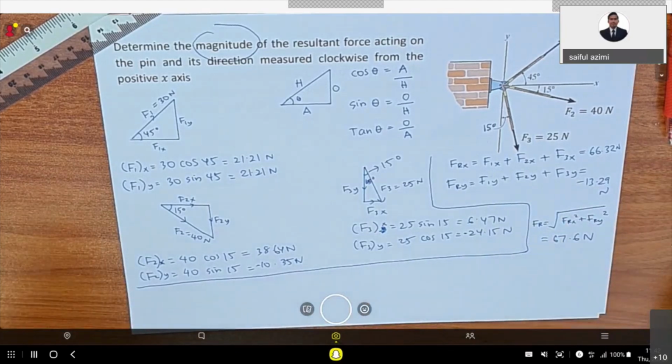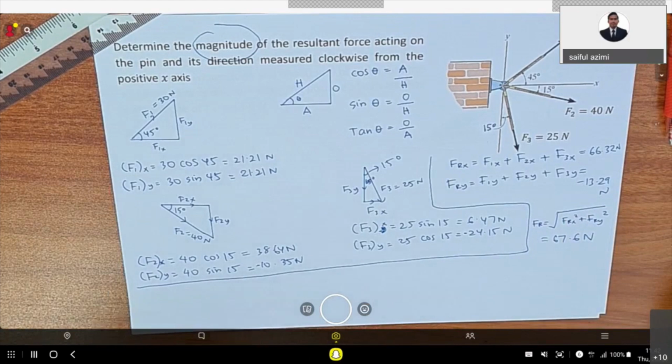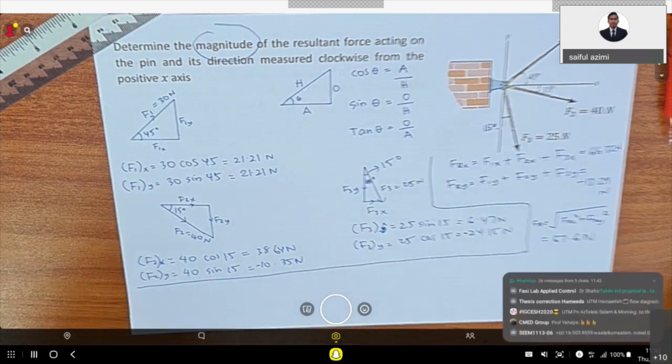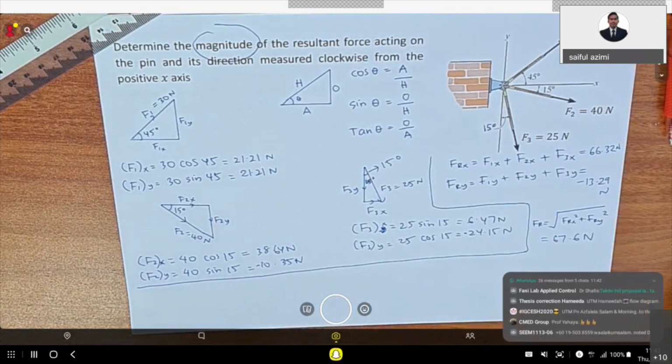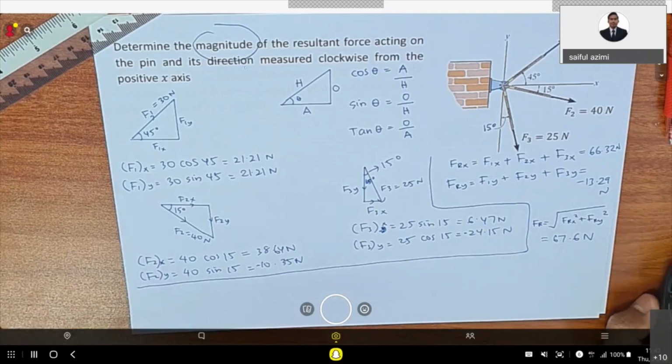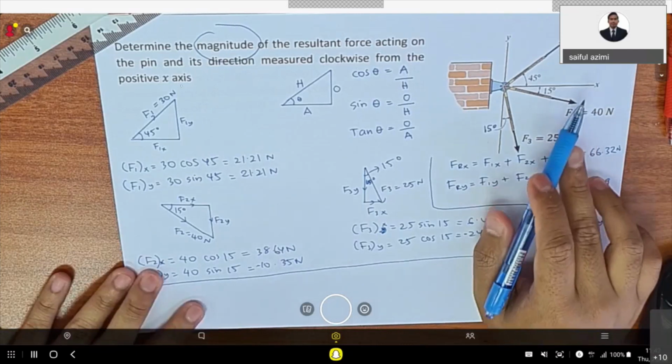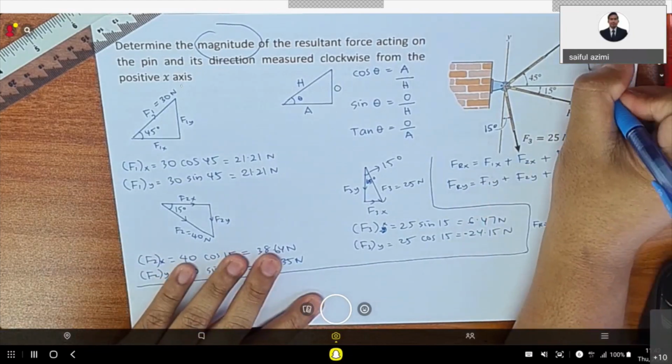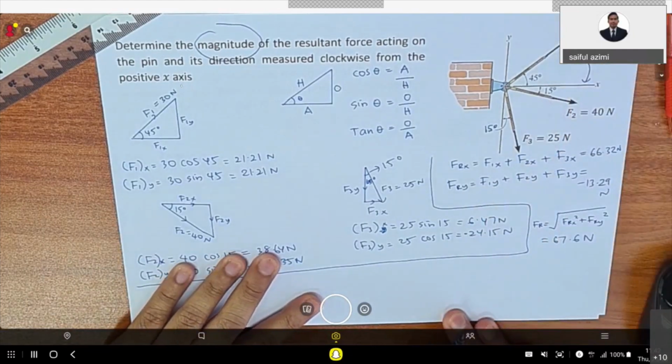Right? So next, we wanted to find the angle of your resultant force. For this one, you cannot draw your resultant force before getting your angle first. They wanted to find the direction measured clockwise from the positive x-axis. So this is the positive x-axis, clockwise is like this.